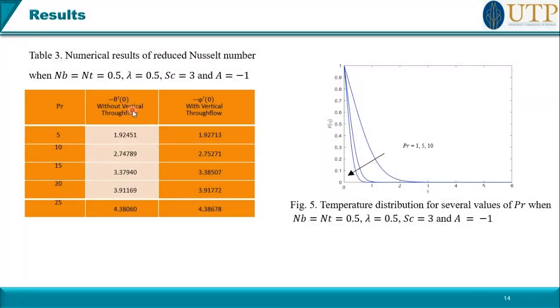Table 3 shows the numerical result for the heat transfer rate without and with vertical through flow taken into account. It can be seen that there is a difference in the values of heat transfer rate with and without vertical through flow.